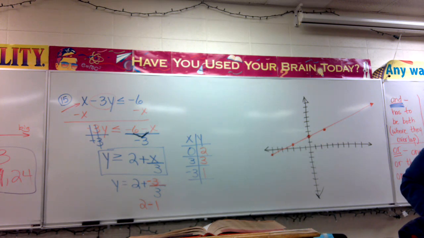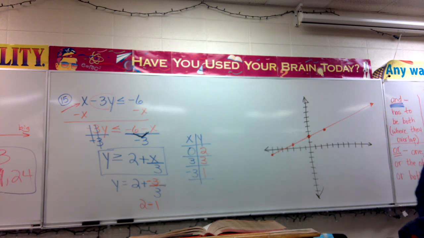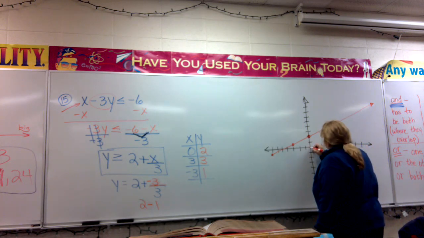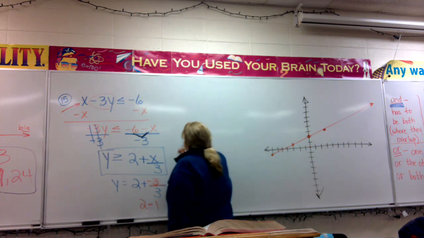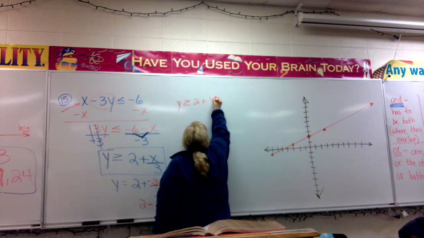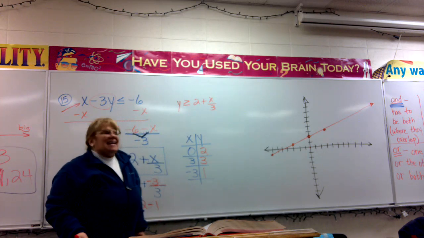And then, remember the last thing we have to do is the shading. So, you want to pick a point that's not on your line. What's an easy one to use? 0, 0. So, I like to use 0, 0. I put a dot right there so I can remember. And I plug 0, 0 in.